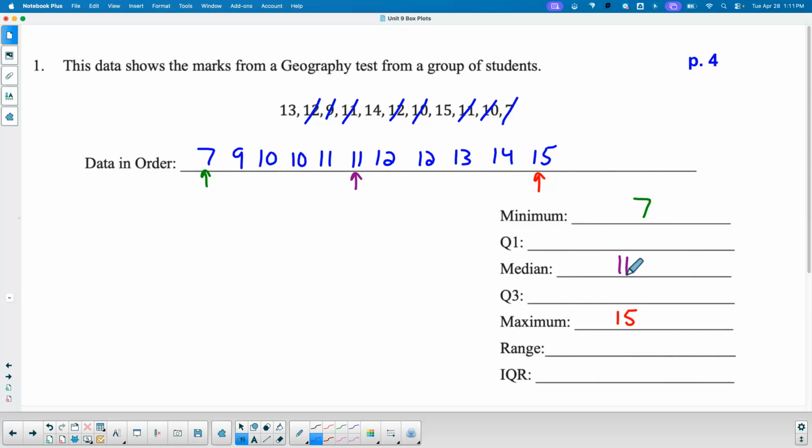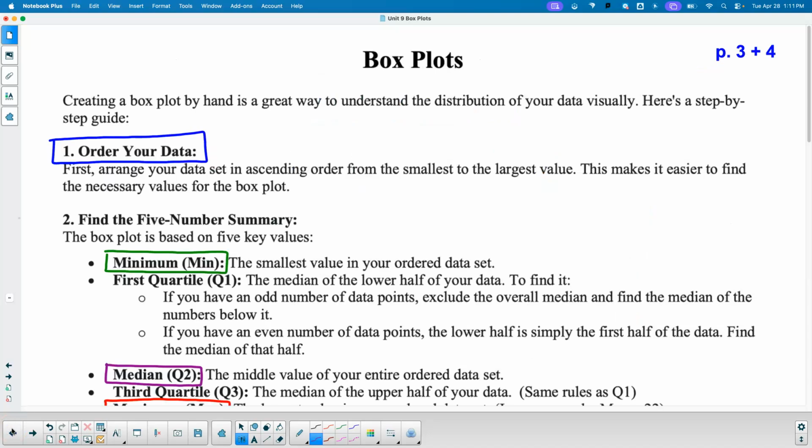Okay. Now, we've got 2 more in our 5-number summary. The first one is called the first quartile. It is the median of the lower half of your data.